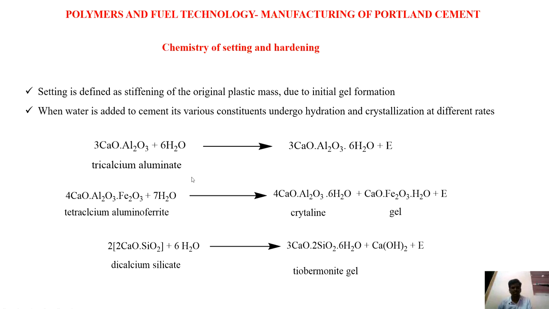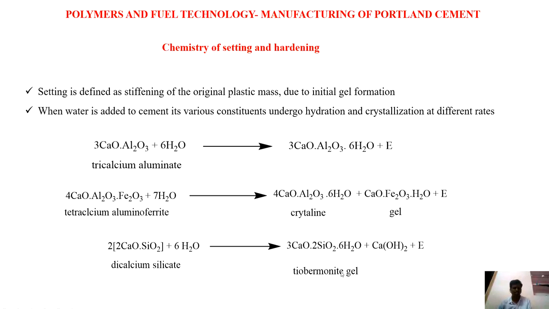Initial hydration takes place in 24 hours, then it completes in 7 to 8 days. Then the crystallization of aluminates starts, and at the same time the silicate starts to hydrate, which results in the formation of tobermorite gel along with calcium hydroxide.